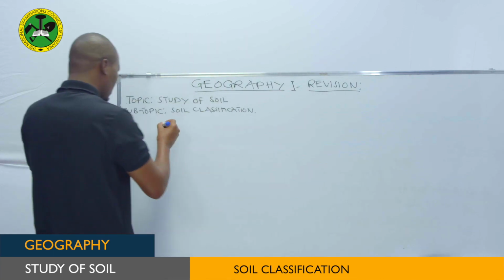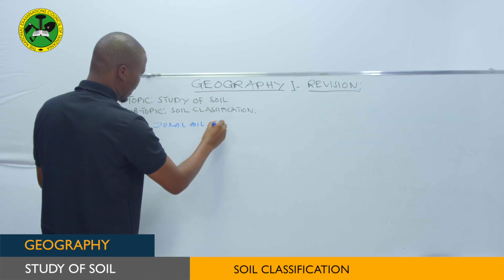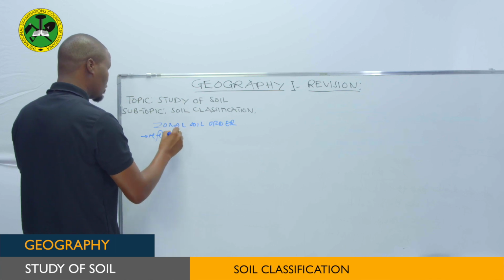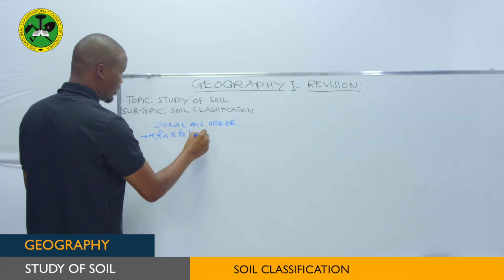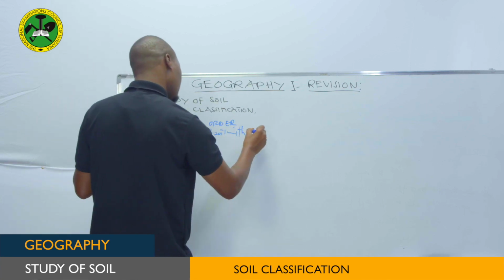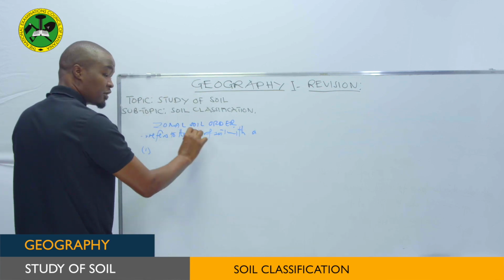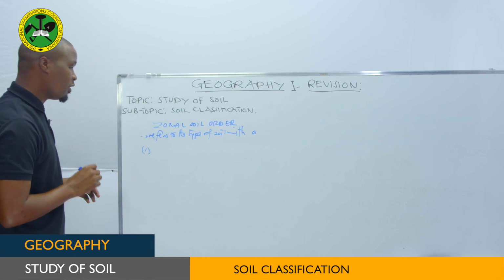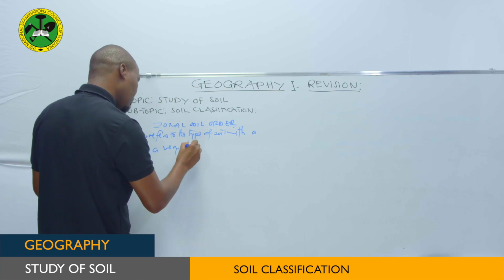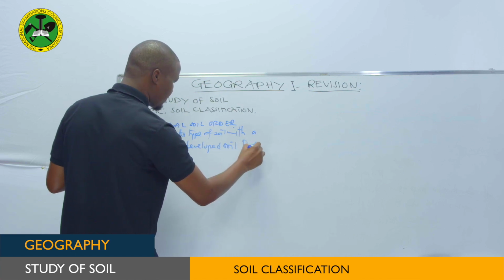So we have what we call the zonal soil order. Zonal soil order refers to the type of soil with the first characteristic: a very developed soil profile.